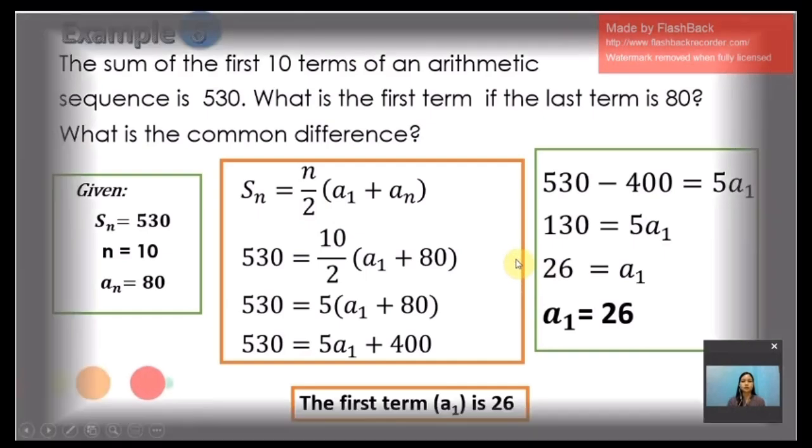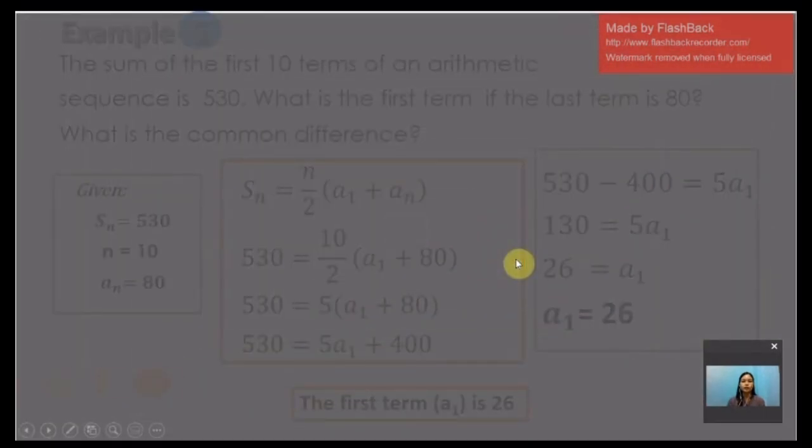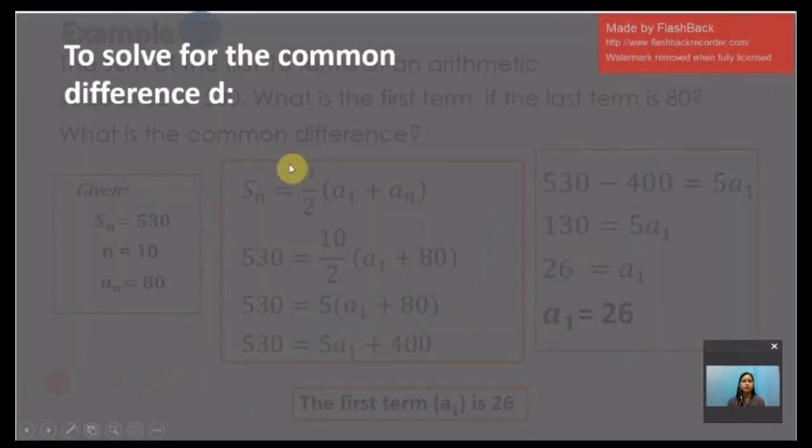So now, how are we going to find the common difference? To solve for the common difference d, using the given values, we have a sub n is 80, a sub 1 is 26, the value that we solved a while ago, then n is 10.